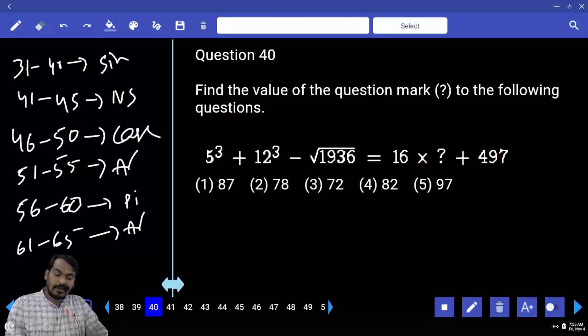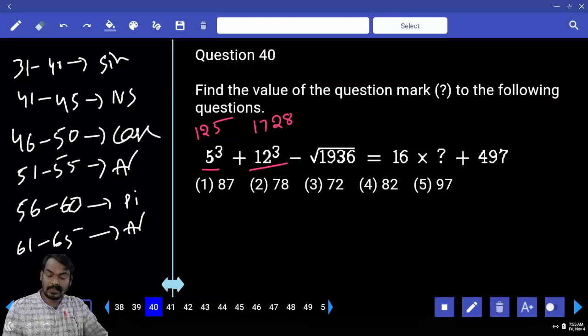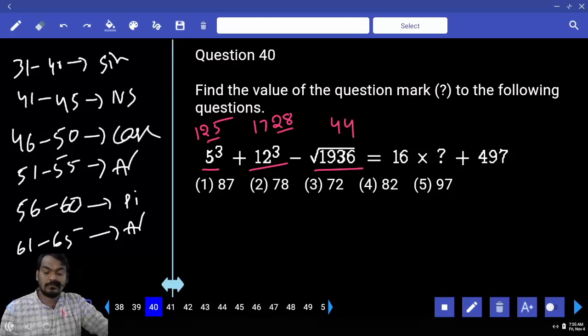Next question number 40. First one, what is 5 cube? 125. 12 cube? 1728. Minus square root of 1936, 44. 25 plus 28, 53. Minus 44, 900. Okay, 1700 plus 100, 1800. 1800, 900.